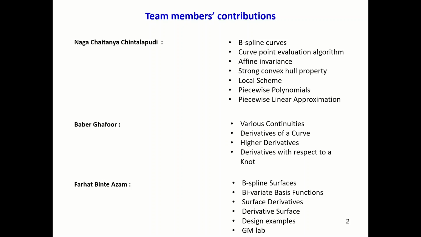And Babar is going to explain various continuities, derivatives of a curve, higher derivatives, derivatives with respect to a knot. And Farhat is going to explain the topics B-spline surfaces, bivariate basis functions, surface derivatives, derivative surface, design examples, and GMLab.